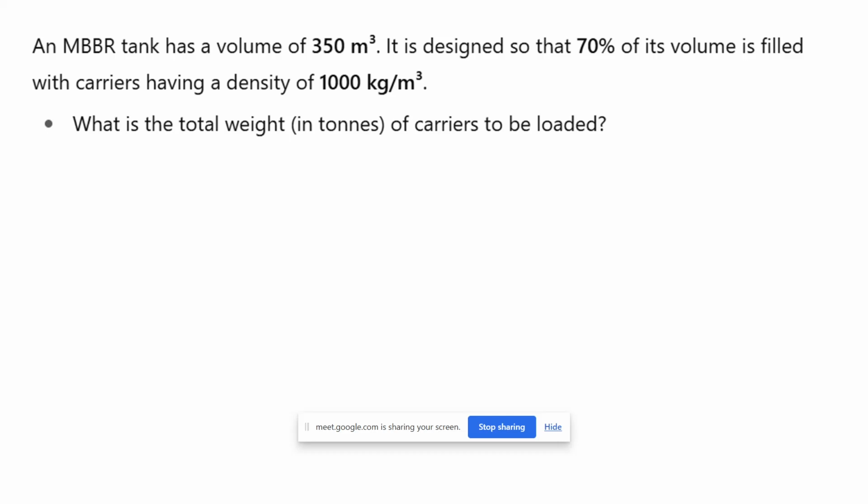Just give me 2 minutes. Yes, I am also getting 245 tons.